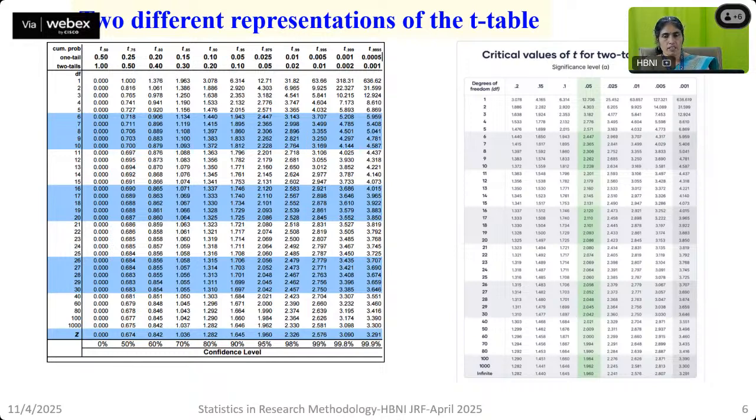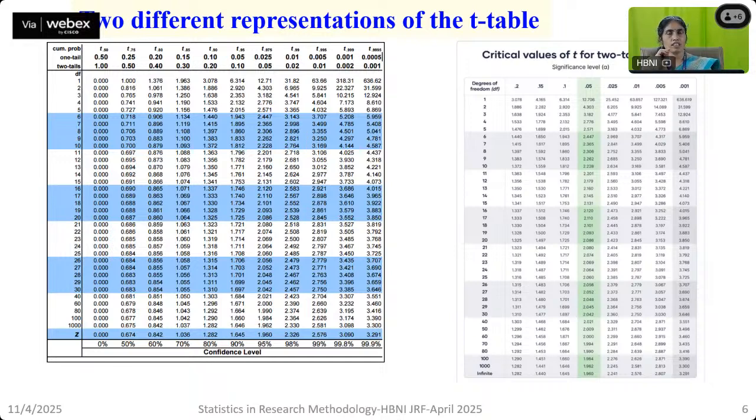And somewhere the confidence levels may not be mentioned. It is nothing but 1 minus alpha, 1 minus the significance level, as a fractional value. Normally, fractional values are given in the tables. Then, the significance level will be decided from case to case, so the variation will be there.